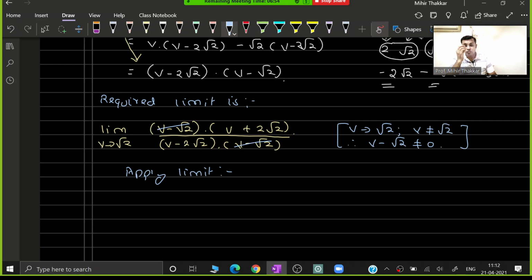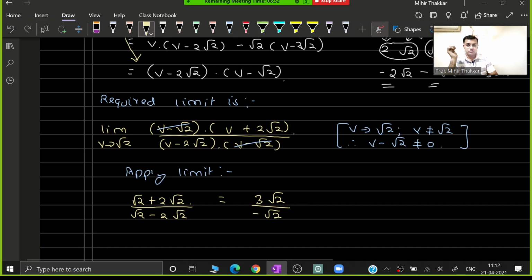So guys, if you apply the limit, you will get root 2 plus 2 root 2 divided by root 2 minus 2 root 2, which is 3 root 2 divided by minus root 2. So root 2 will get cancelled, and you will get the answer as -3.